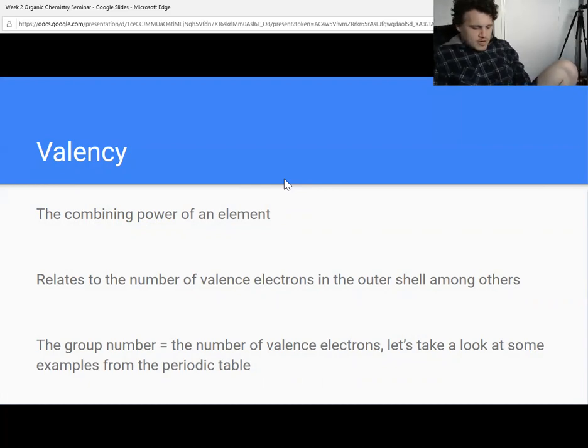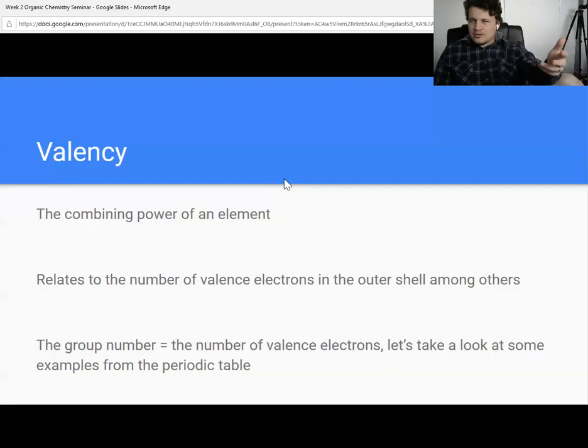And this group number denotes the number of electrons in the outer shell, or the number of electrons available for bonding. Group 1 has 1. Group 2 has 2. Group 3 has 3. An important distinction to make at the moment is groups 3 to 12 don't exist.